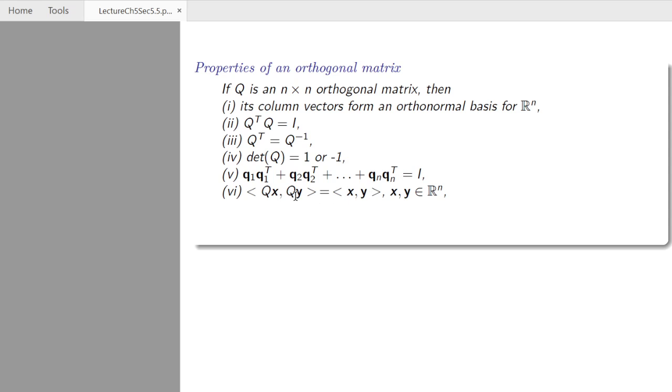Now, this proof is simple, because in Rn the inner product is the scalar product. So this inner product equals the transpose of Qx multiplied by Qy. Then the transpose of Qx equals x transpose Q transpose. Q transpose times Q equals I because of the second property.